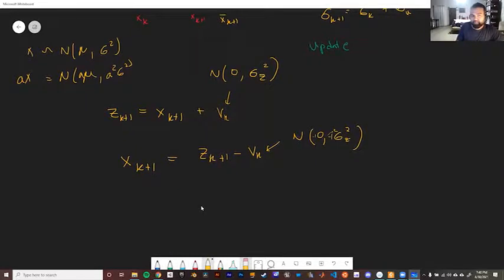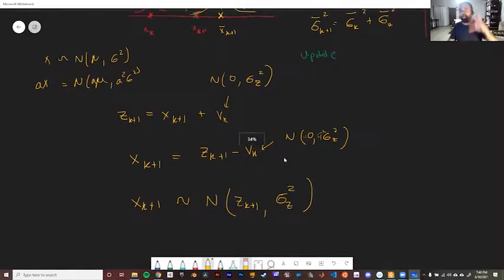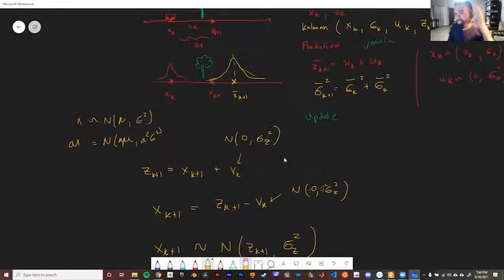So what does this say? According to my observation, xk plus 1's location will be normally distributed like this. What's the mean here? The mean is just going to be zk plus 1, and the variance is going to be sigma z squared. This is because I'm taking a very simple observation model.